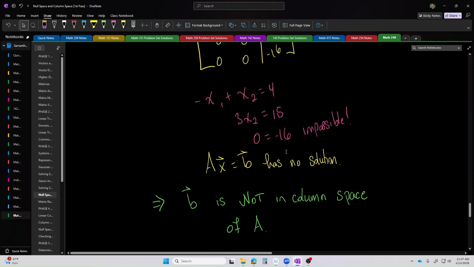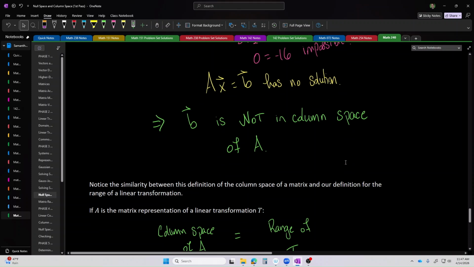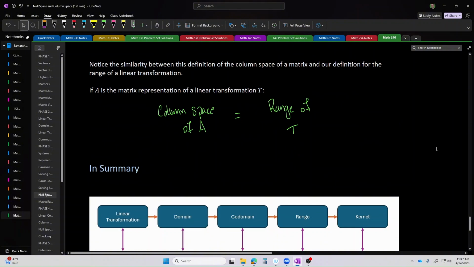If you get an impossible condition like this one, then AX equals B has no solution, so B is not in the column space of the matrix. And column space of a matrix is equivalent to this concept of range that we talked about earlier for linear transformations. Column space is the same thing as range.